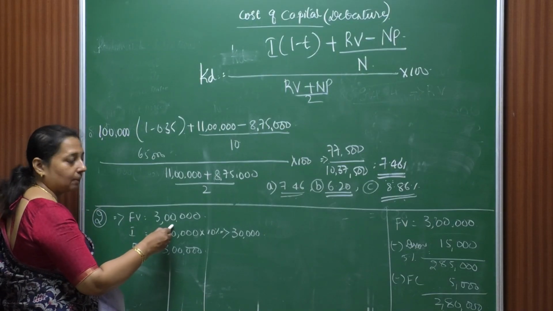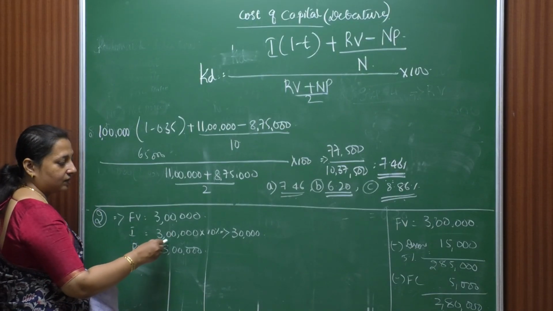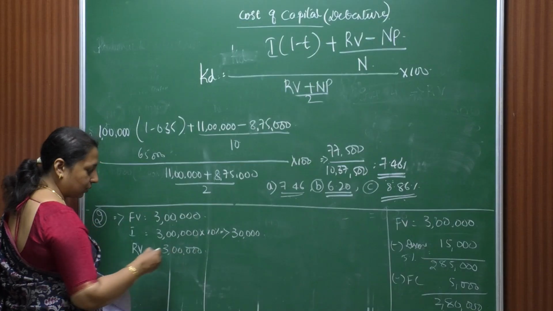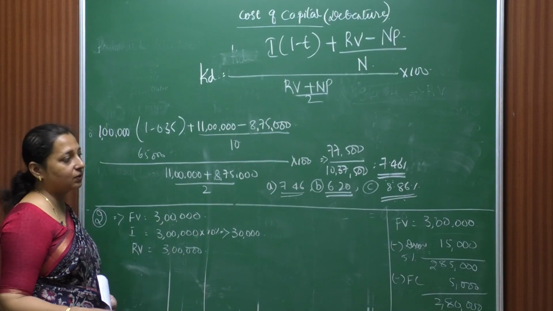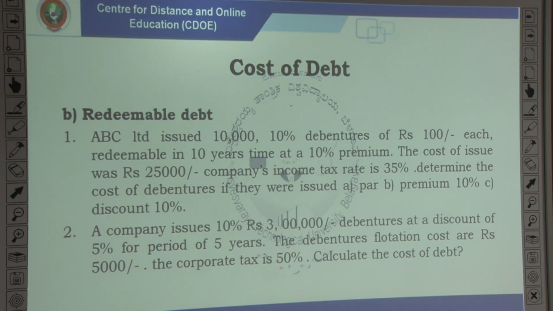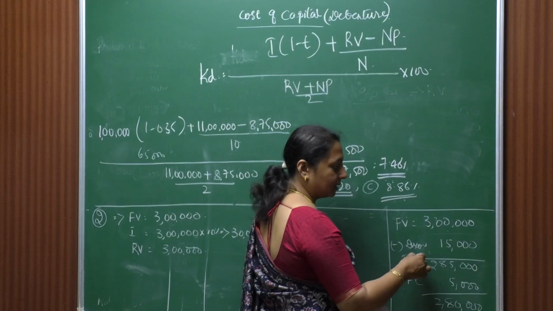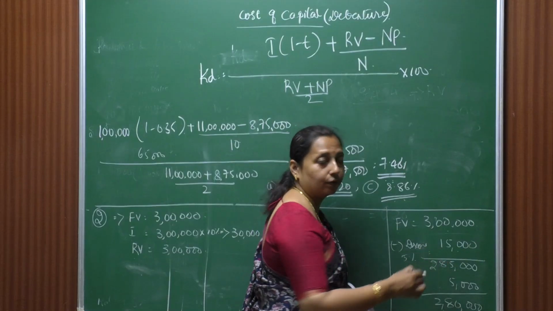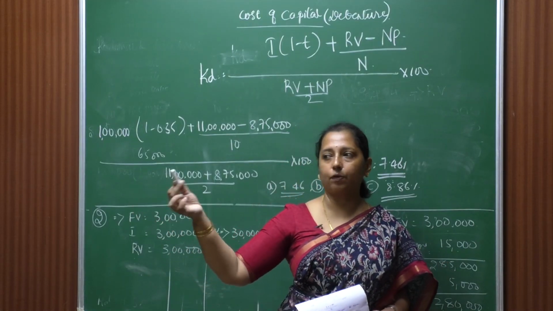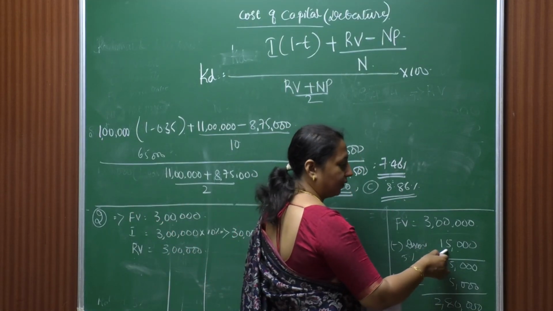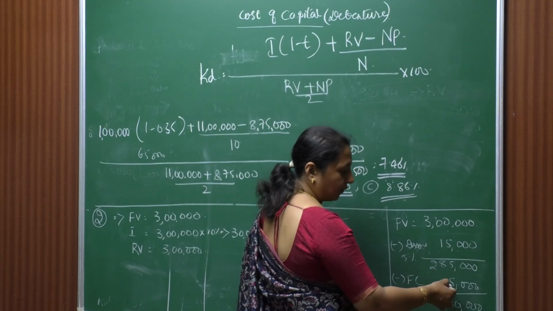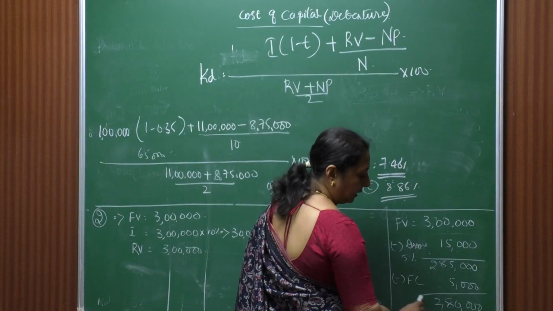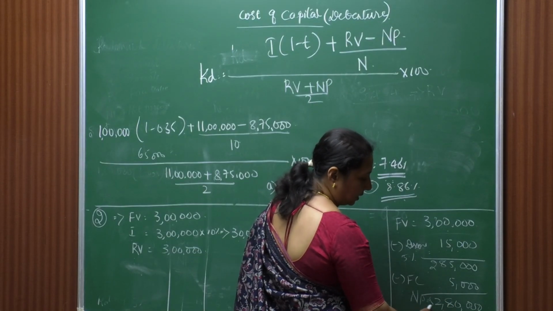The face value, step 1, is 3 lakh rupees, interest is 3 lakh into 10%, that is 30,000 rupees, redeemable value is 3 lakh rupees. Net proceeds we need to consider: FV is 3 lakh minus discount, that is 5% of 3 lakh, which is 15,000 rupees. You get 2 lakh 85,000, less flotation cost of 5,000, that is 2 lakh 80,000 is your net proceeds.